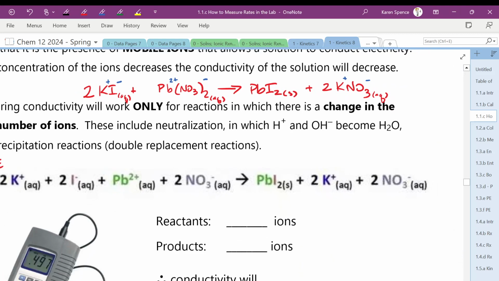What charged particles do we have? We have lots and lots of free floating ions, and free floating ions conduct electricity in solution.